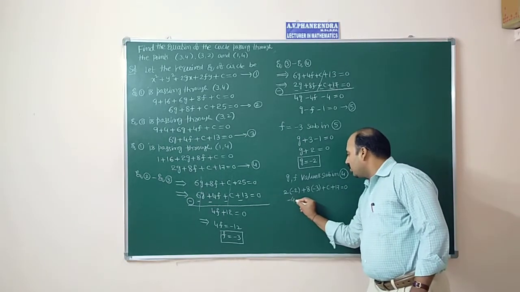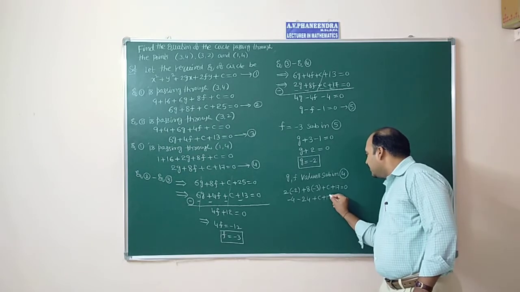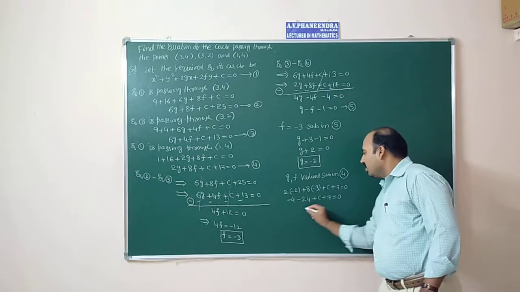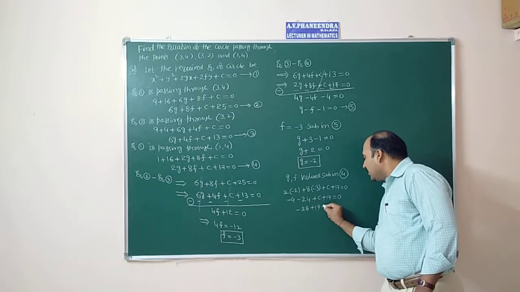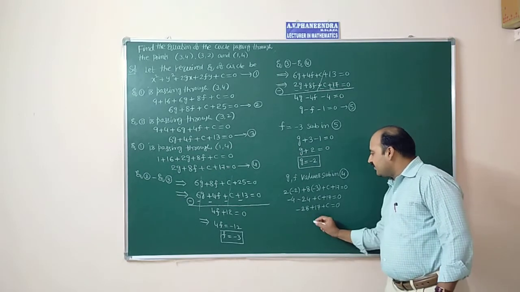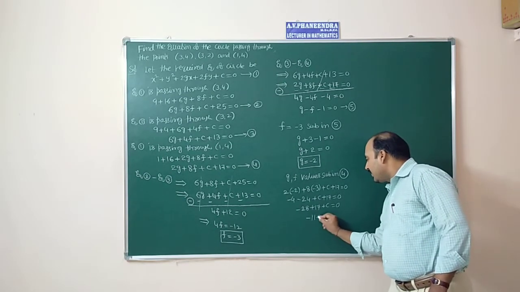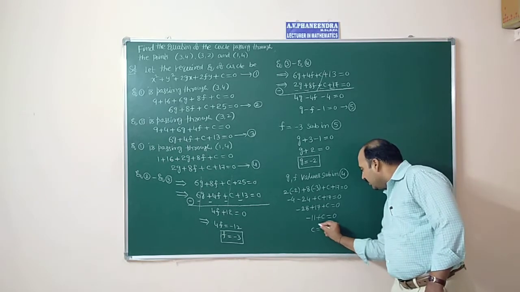So minus 4 minus 24 plus c plus 17 equal to 0. Minus 28 plus 17 is minus 11, plus c equal to 0. So c equal to 11.